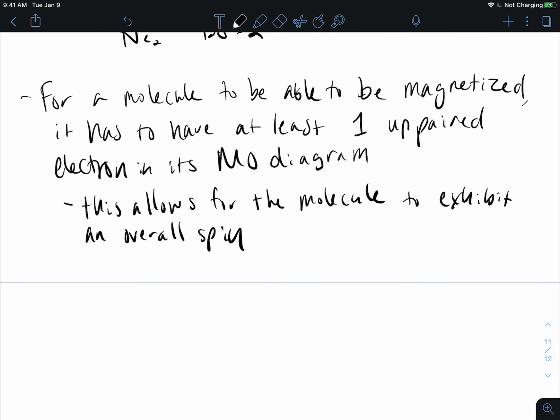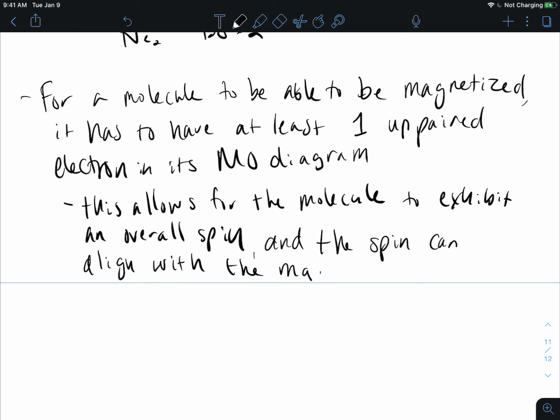And that spin can align with the magnetic field. Okay, so that's something that's called paramagnetic. So these are paramagnetic species.